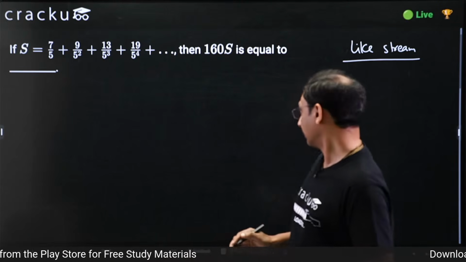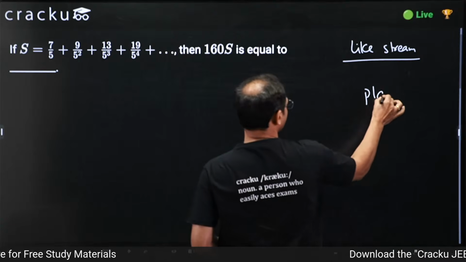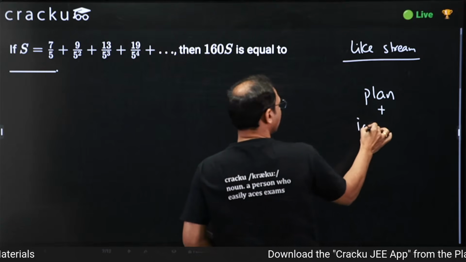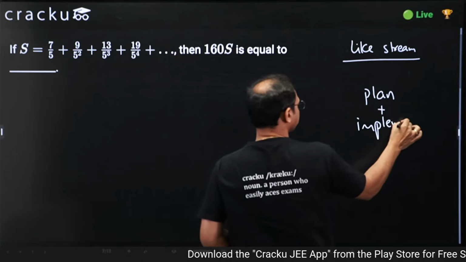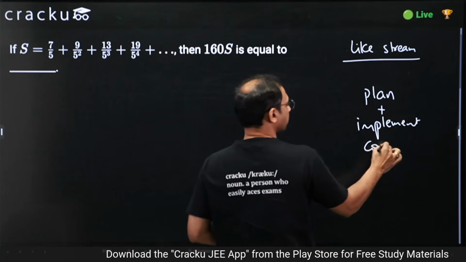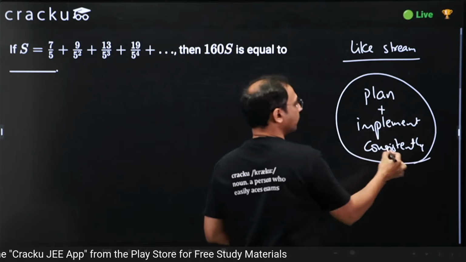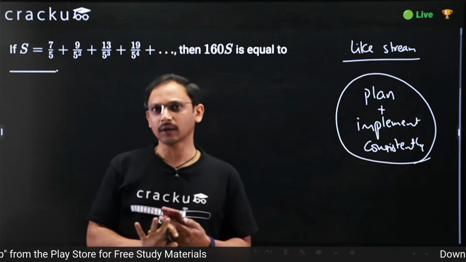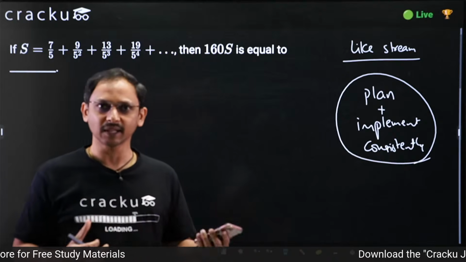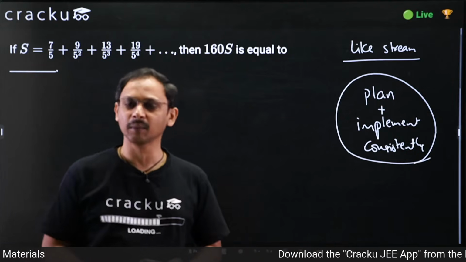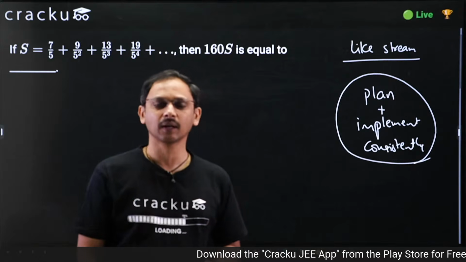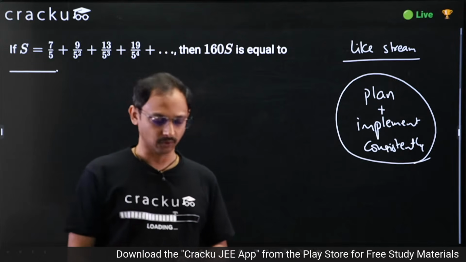So plan is important, guys, and implement your plan consistently. If you can take care of these two things, this is not at all difficult. Yes, the syllabus is vast, but that's why I'm saying plan and implement consistently. You'll be in a very good position one year from now. Okay.